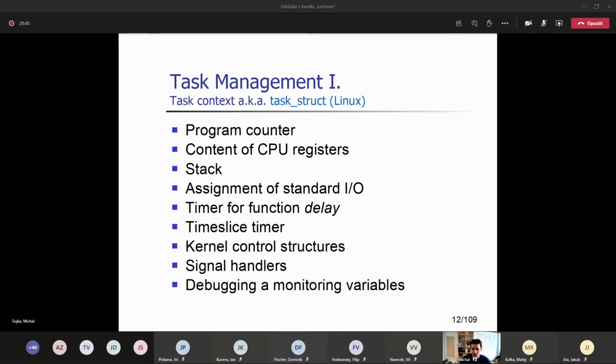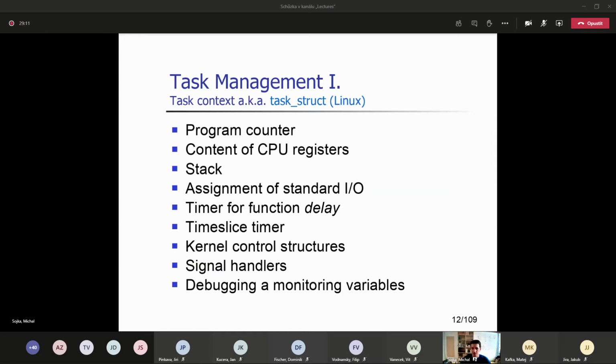In Linux, it is called task struct. In Linux, this data structure is quite large. I think it has several kilobytes. So each thread in Linux occupies at least several kilobytes of memory for this structure. In VxWorks, I don't know the exact size, but probably it's a bit smaller.